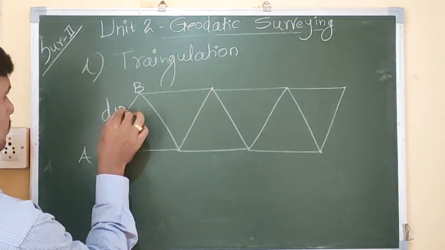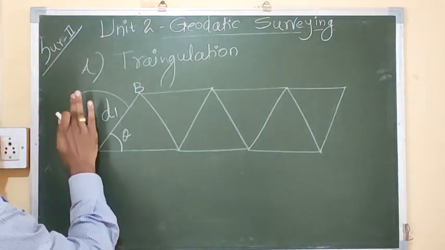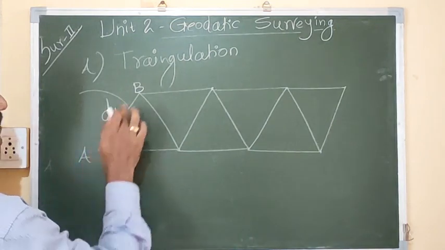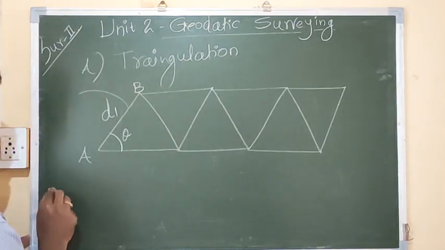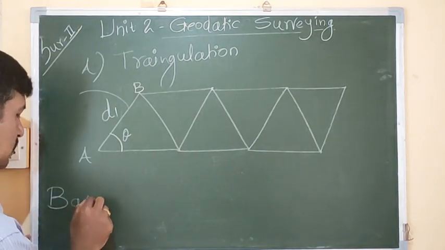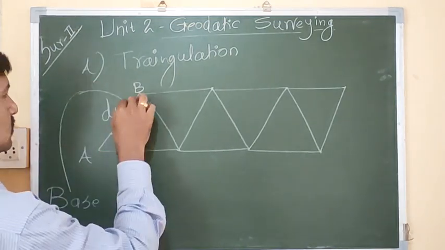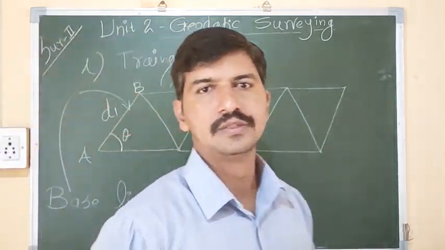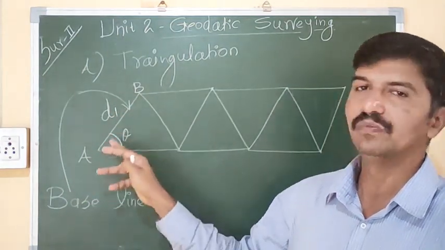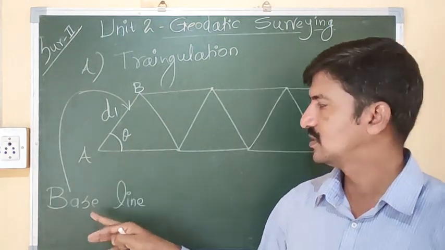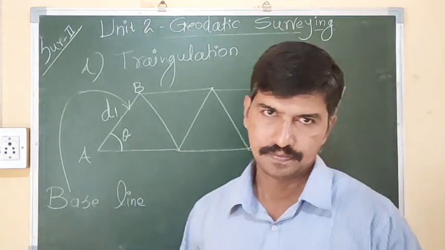The line that we measure, in this case AB, is called the baseline. The first line AB in a triangulation system, which we measure very precisely using an advanced instrument, is called the baseline.